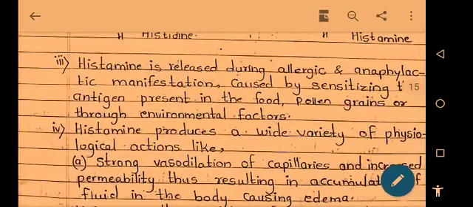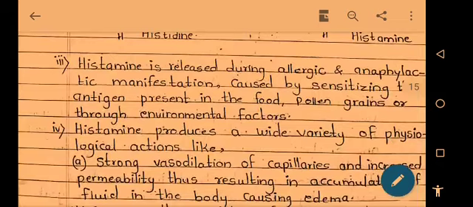Histamine is released during allergic and anaphylactic manifestations. Whenever we are affected by an allergy, some people have an allergy to dust, grass, cold air, or any particular smell. At that time histamine is released in the body.